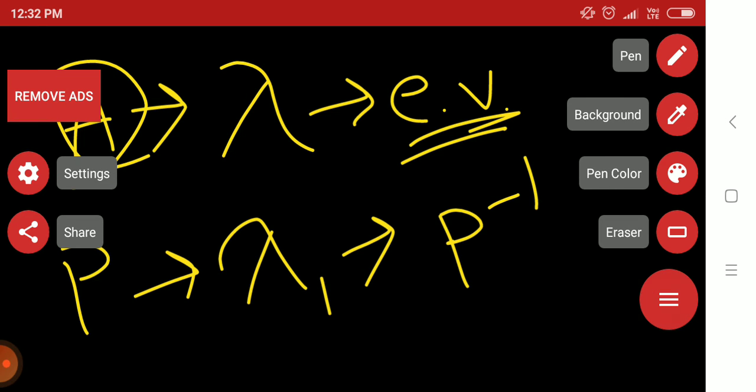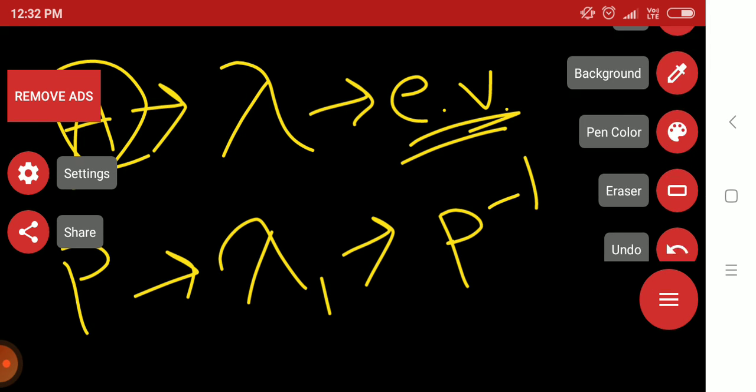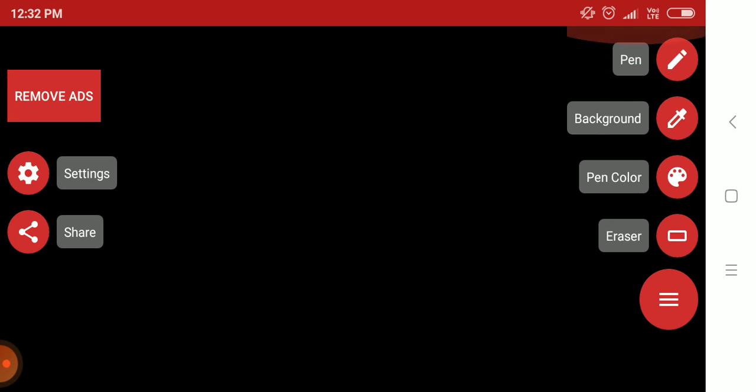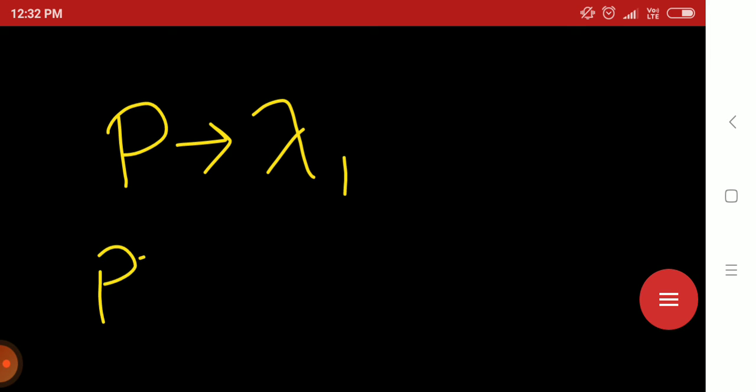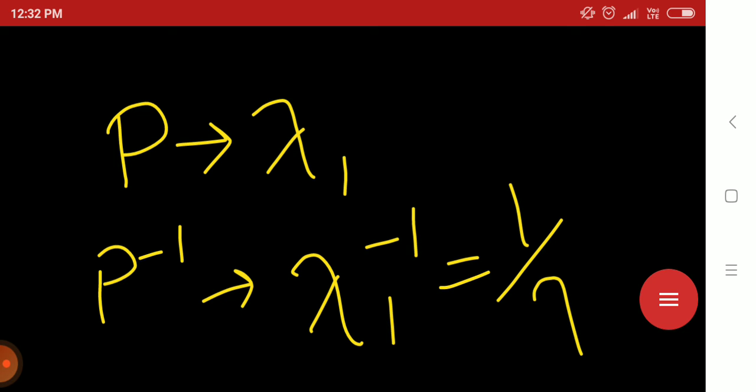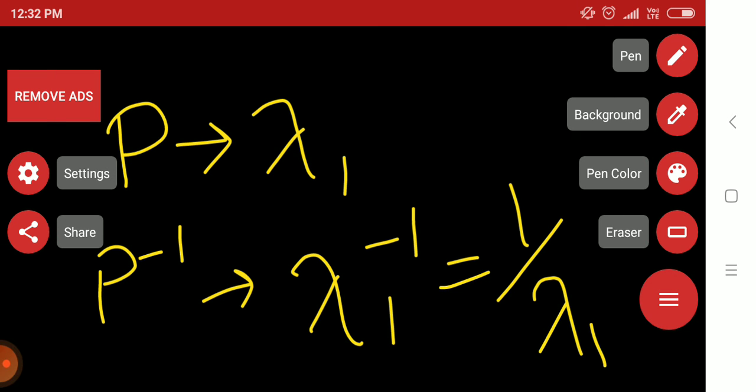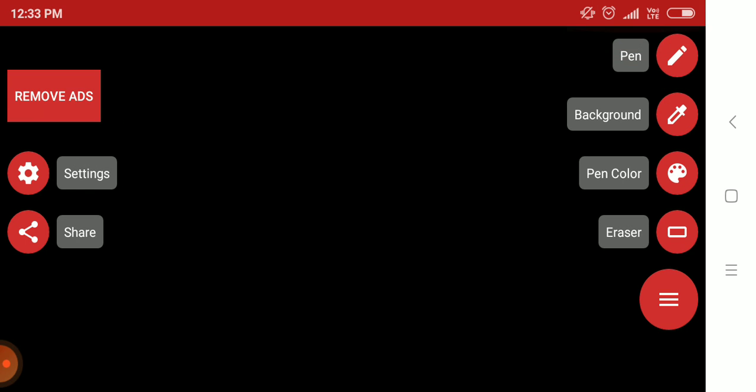Here I am going to discuss a little property of eigenvalue. If P has eigenvalue lambda 1, then P inverse has eigenvalue lambda 1 inverse, that is 1 by lambda 1. Yes, it is a property of eigenvalue.